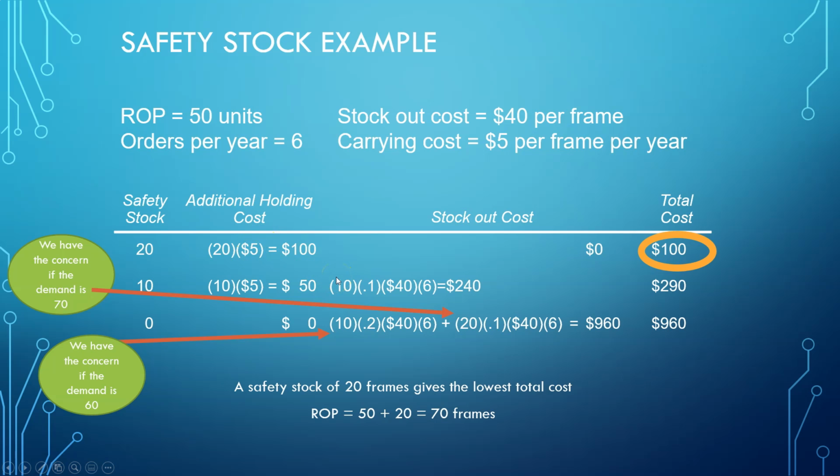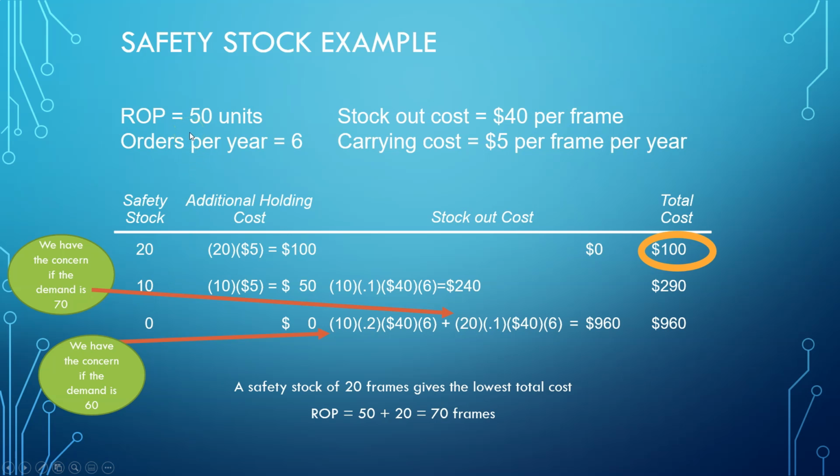As stated before, the annual stockout cost equals the sum of the units short multiplied by the probability multiplied by the stockout cost per unit multiplied by the number of orders per year. So if the demand is 70 and the safety stock is only 10, 10 plus 50 is 60.